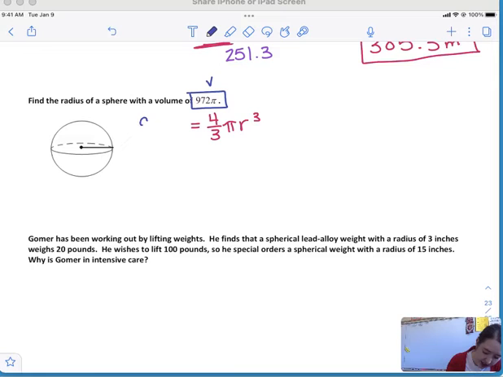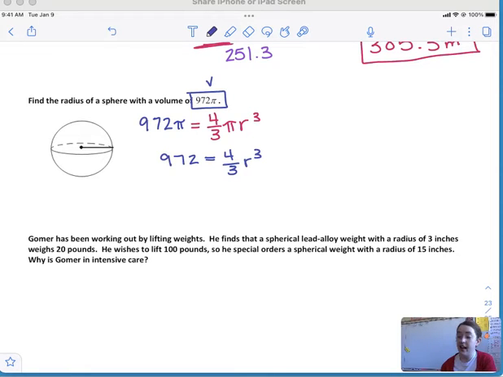The first thing I'm going to do is get rid of that pi. We're going to divide by pi on both sides. So we get 972 equals 4/3 r cubed.